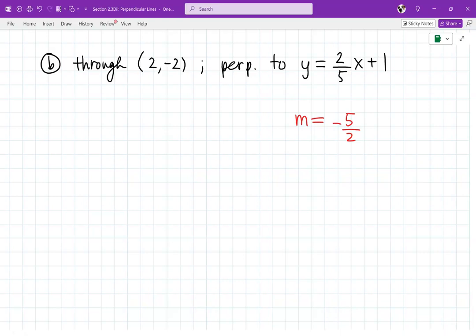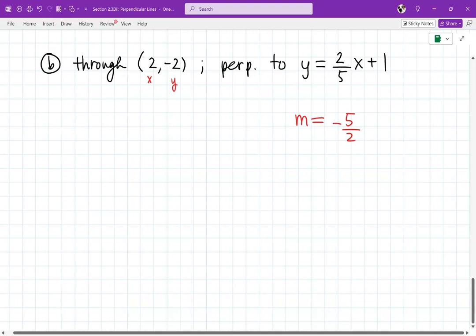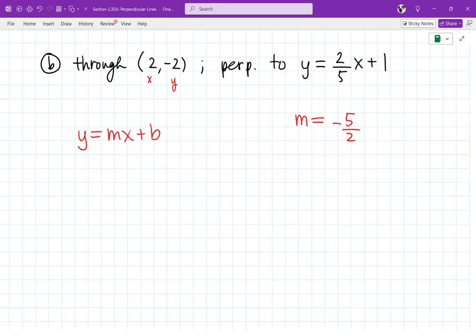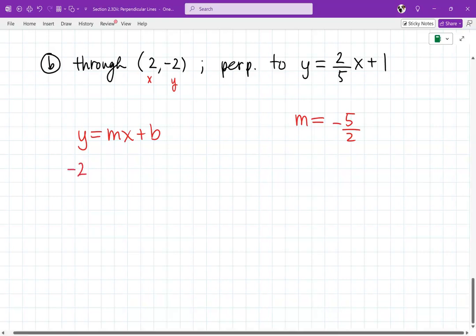And then again, I've got to find b now because I know m. Let me find b. So here's my x and y. I'm going to put that into my equation, y equals mx plus b. So I know y is -2, x is 2, m is -5/2. So -2 is equal to -5/2 times 2 plus b. Those twos are going to cancel out, right?